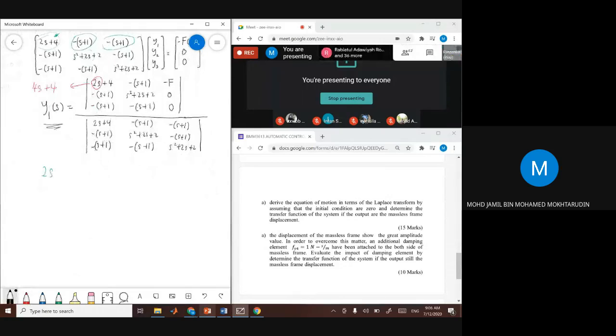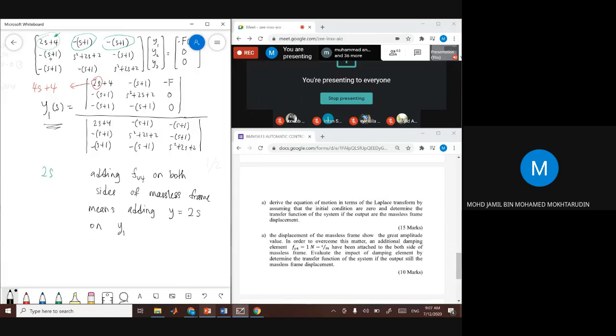Or you can say that adding F V 4 on both sides, meaning adding y equals to s on y1, ataupun nak redraw block diagram balik pun boleh.